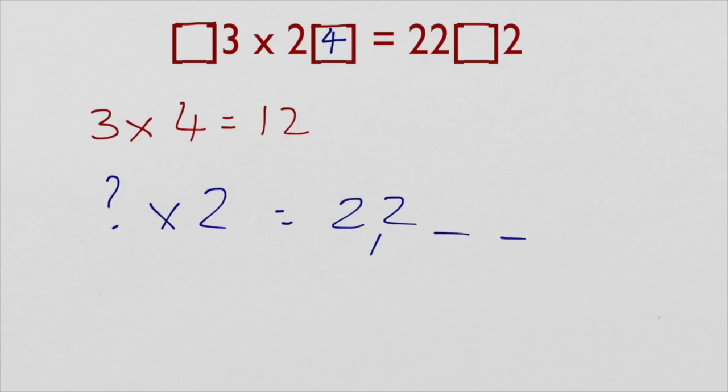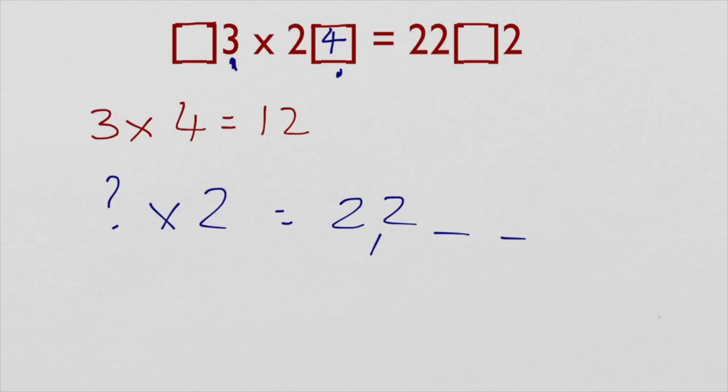So remember, we're dealing with tens here, and I need to think to myself, what times 2 equals 22? Well, we know that's 11, but we need to consider the units that come as well. So that's going to be a part of the final answer. And I can only fit in a 1 digit into my box.